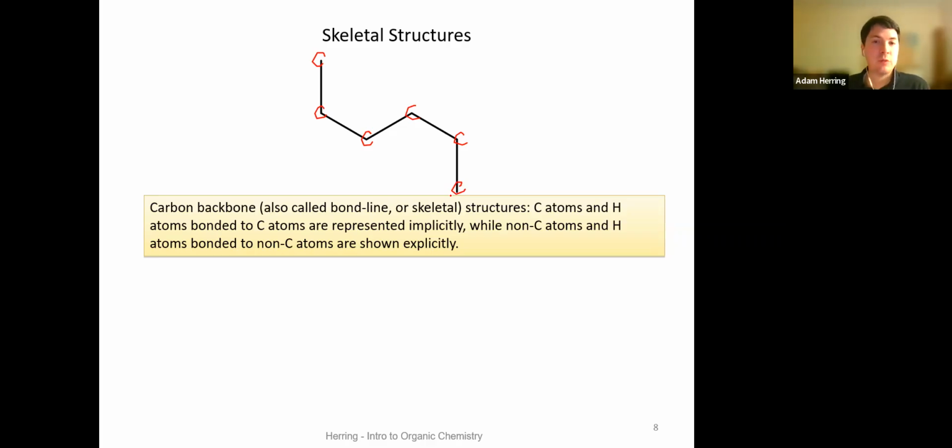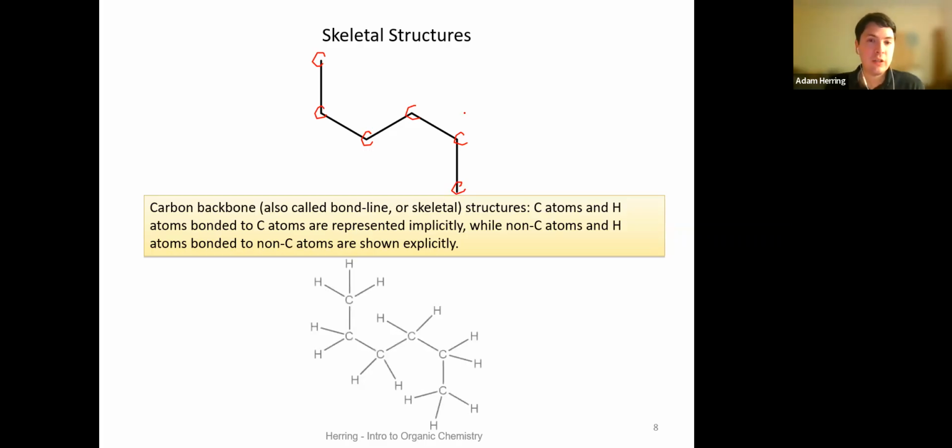So for this particular one, we've got 6 carbon atoms. And to see what it would look like if we showed all those hydrogens, it looks like this. You can see that each one of the carbon atoms has 4 bonds, and the number of hydrogens is added onto those carbons such that the total number of bonds per carbon is 4.